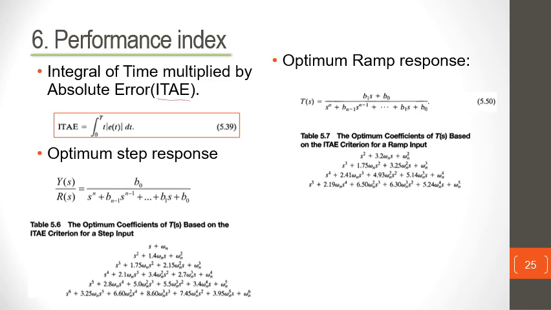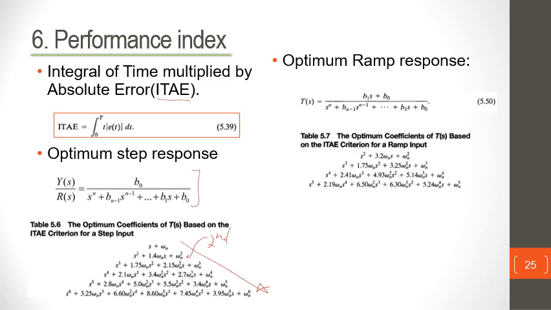So if you look, for instance, at the ITAE, there are known optimal responses, or the structure of the optimal closed loop response transfer function for the ITAE can be summarized as the following, with the following coefficients. So this, for example, when you see a second order system, that's optimal for the step response.